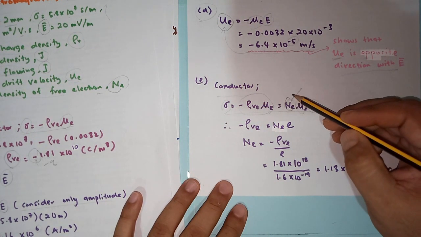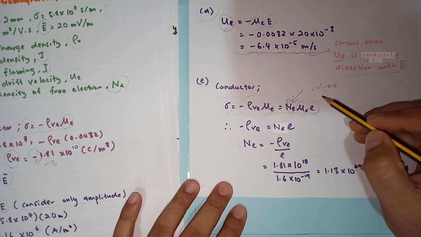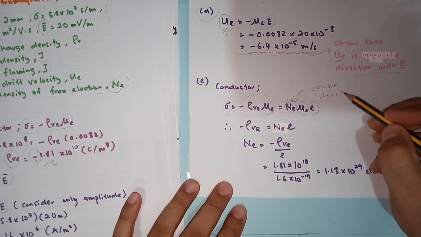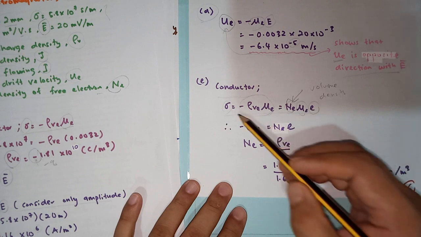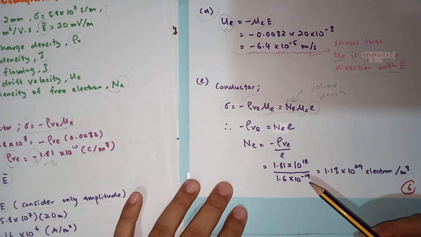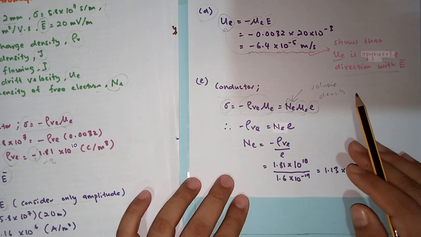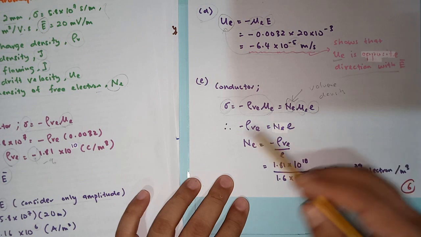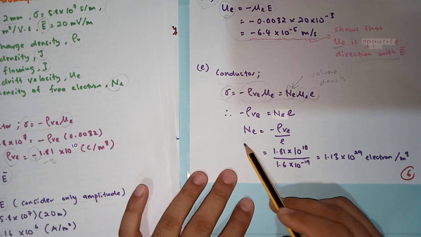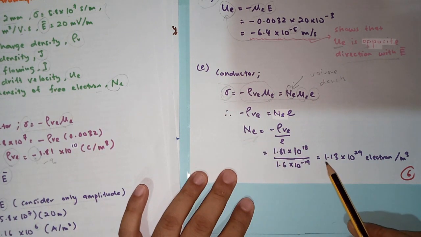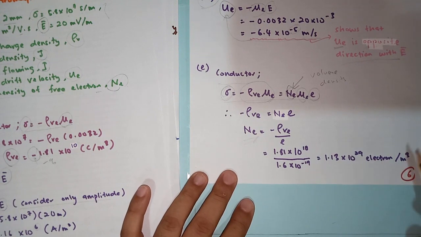The value of sigma has been given in the previous question, so we can include all the parameters that we know. Therefore, we find the value of N_e is equal to 1.13 times 10 power of 29 electrons per meter cubed.